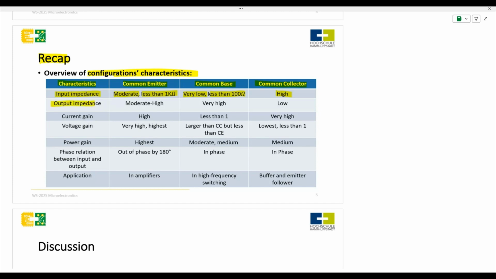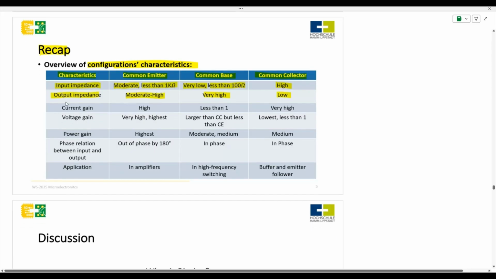The output impedance in the common emitter is also moderate to high, while in the common base it is very high, but in the common collector it is low, and so on for the other characteristics. You can read them and you will have your recap here.